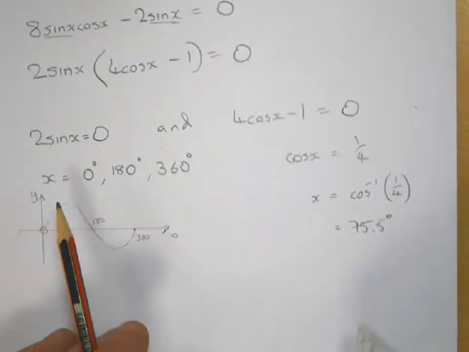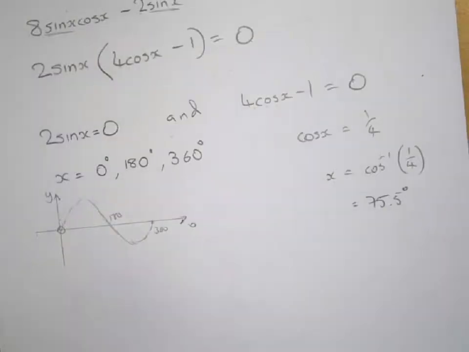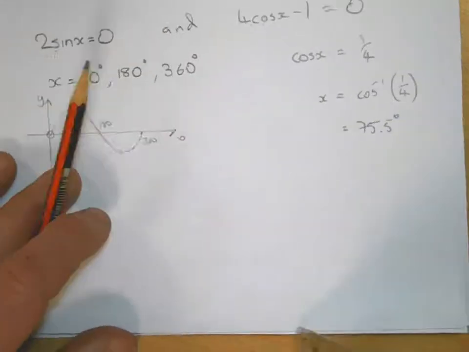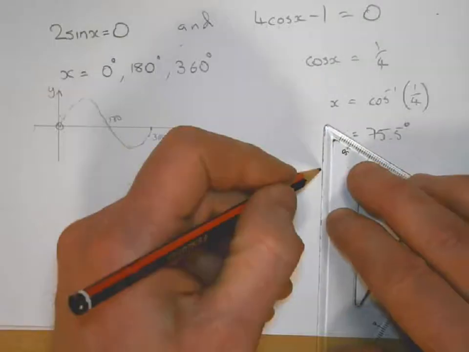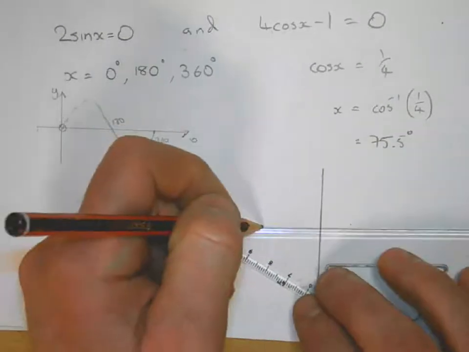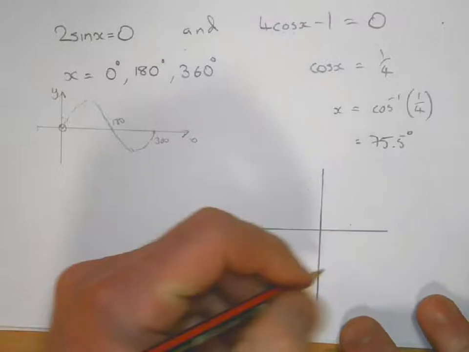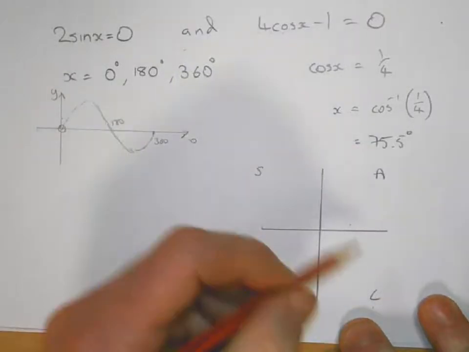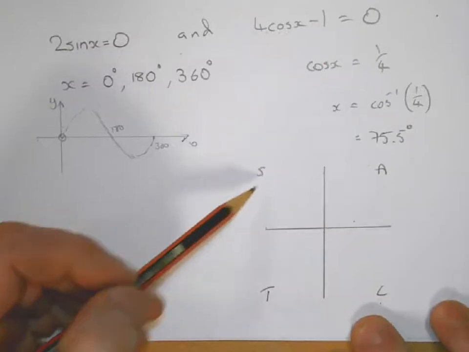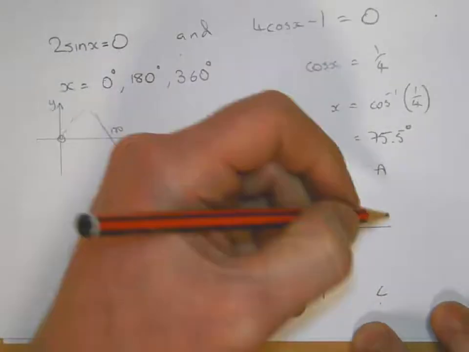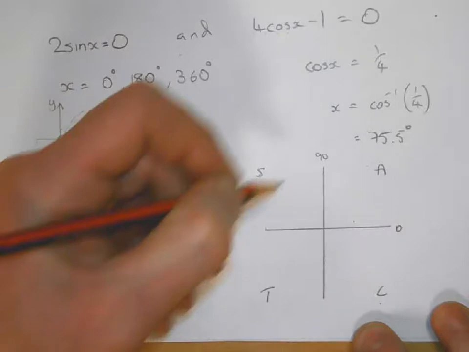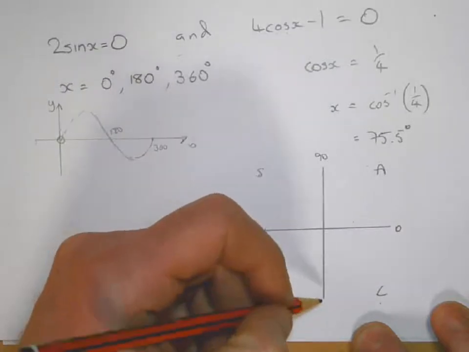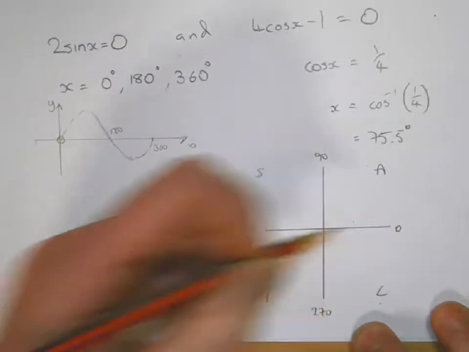So you've got to go back to what you learned back in Unit 1, which is all about CAST diagrams. So you draw your CAST diagram: cosine, all, sine, and tangent. This is 0, 90, 180, 270, and then back to 360.